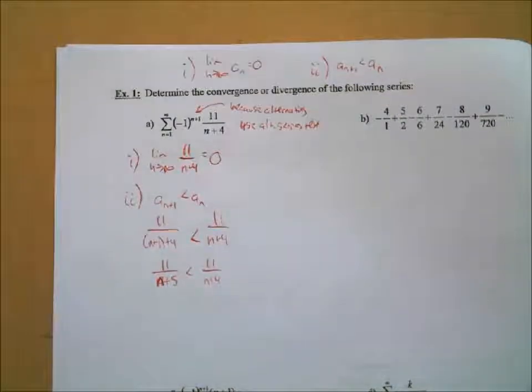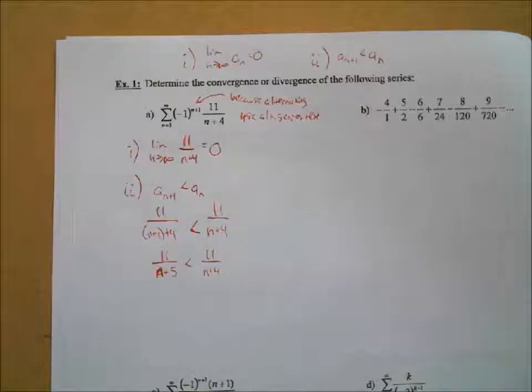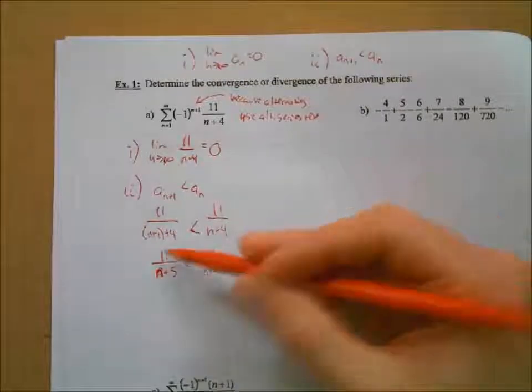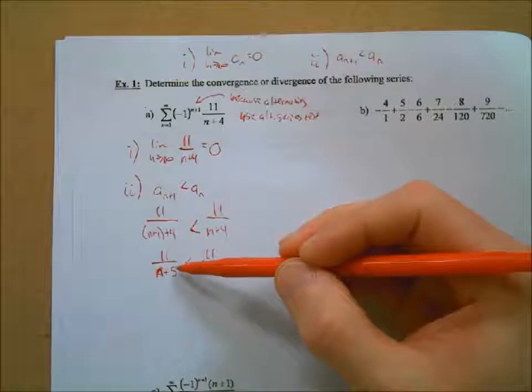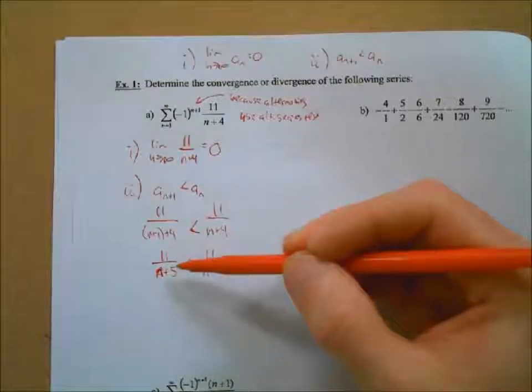Is this going to be true? Yes. We have our numerators the same, but the denominator of the lesser one is greater. Then yes, it will be true.